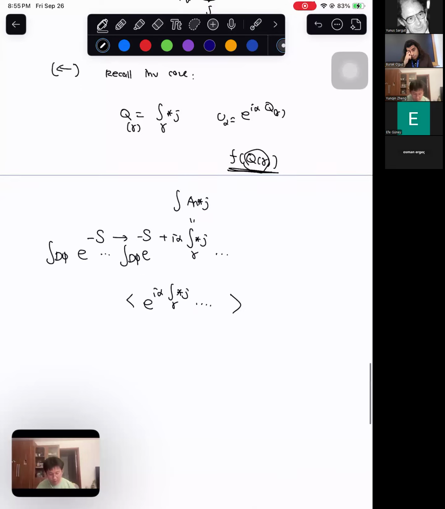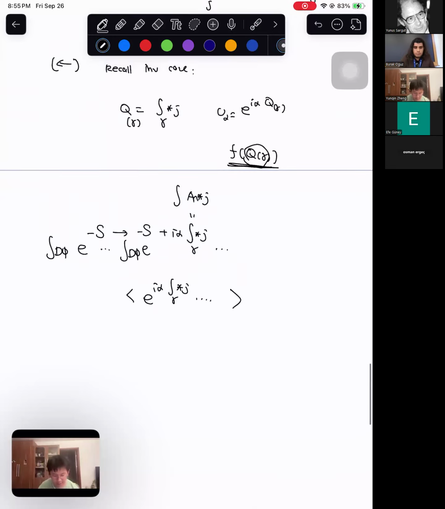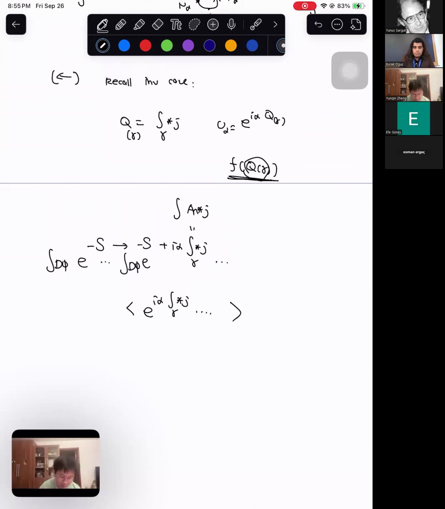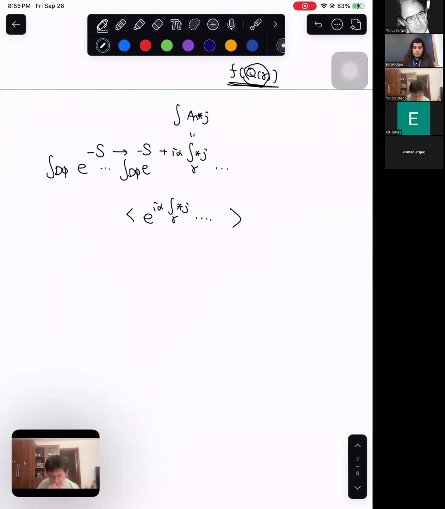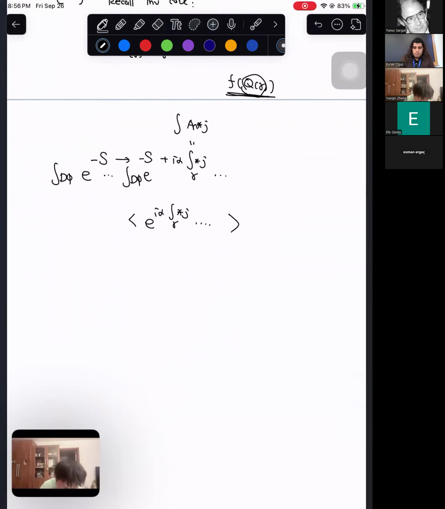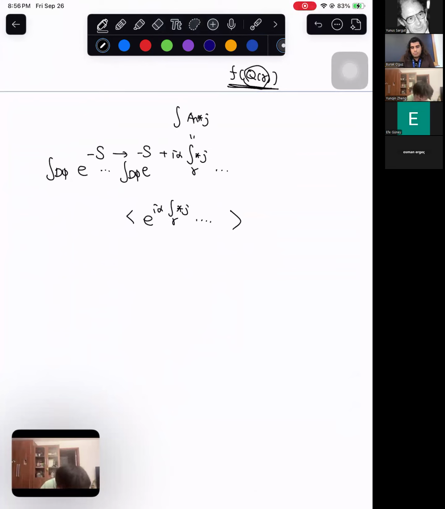Okay, so the idea to generalize to this non-local current is very similar. What you need to do is just slightly modify this construction a little bit.